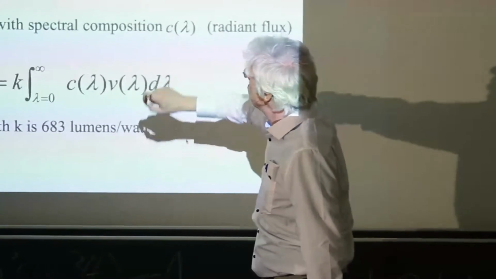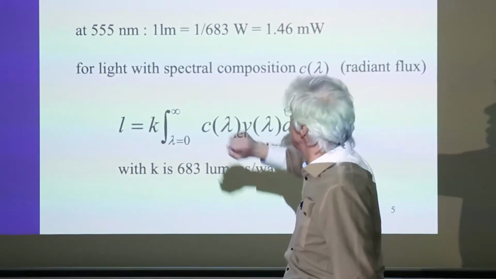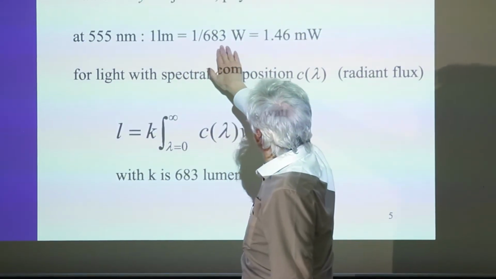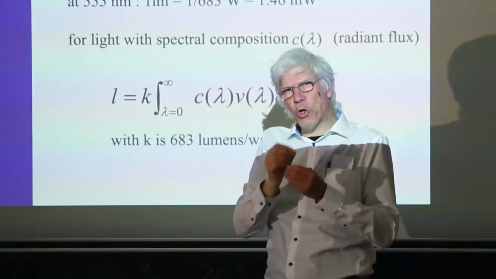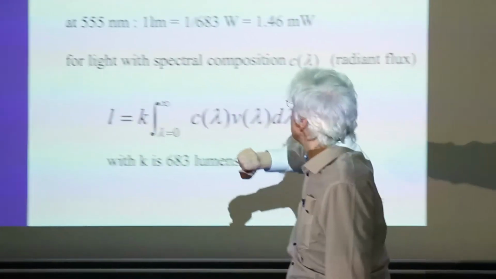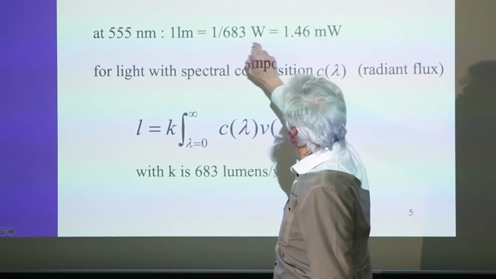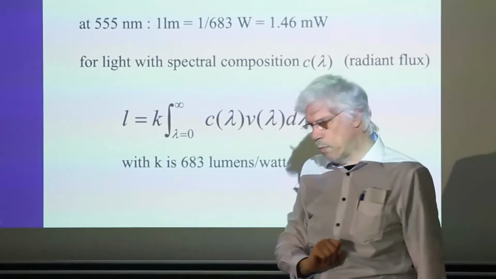And how much power do we put into that monochromatic light source? Well, 1 over 683. So if you take a monochromatic light source of 555 nanometers, with a power of 1 over 683 watt, that is 1 lumen.